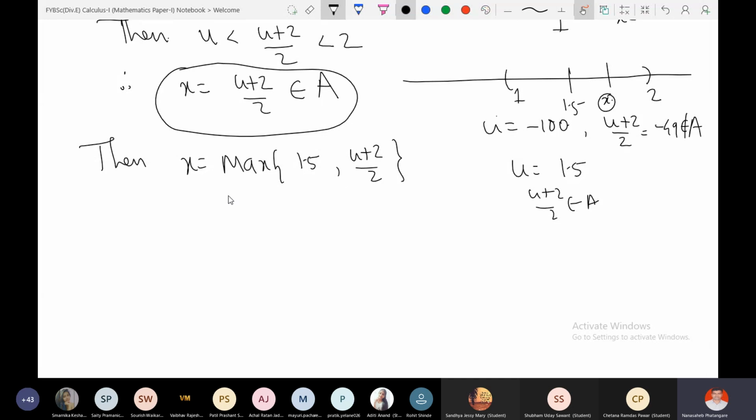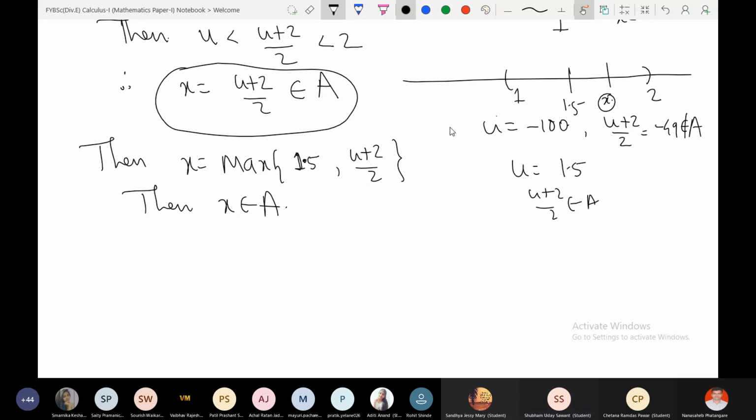If I choose this x, then there is no ambiguity at all. Whether your u is minus 100 or minus 5000, the maximum, 1.5, is always a member of the set, right? Then x is a member of the set. Am I right? Yes, sir.